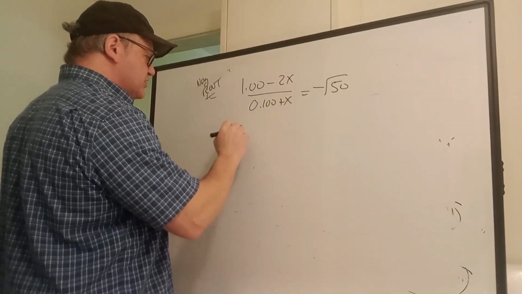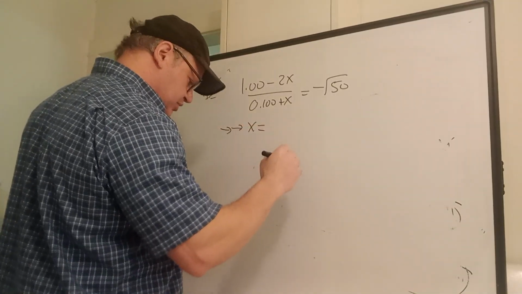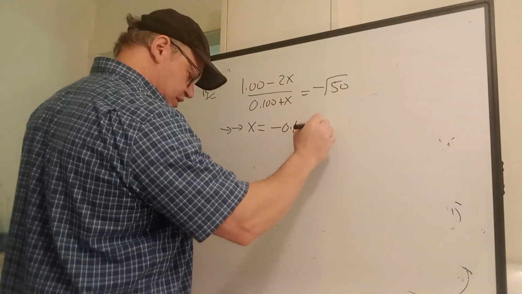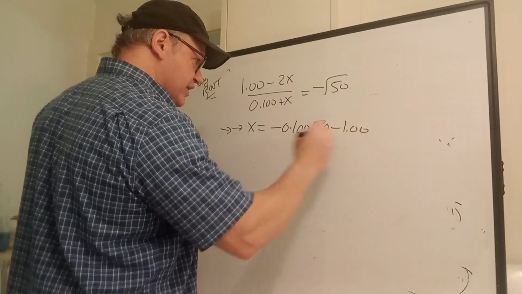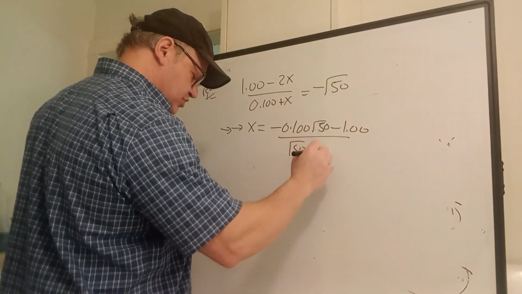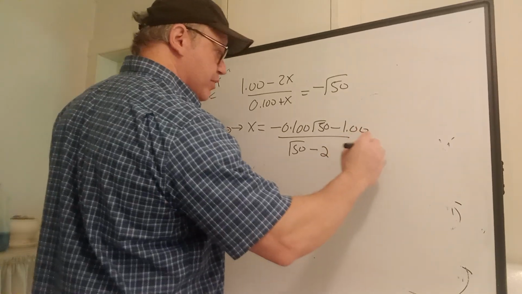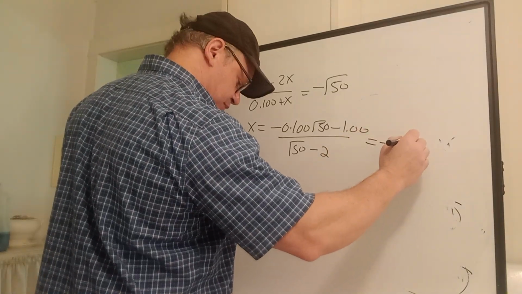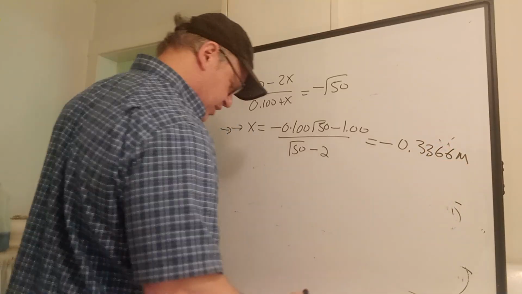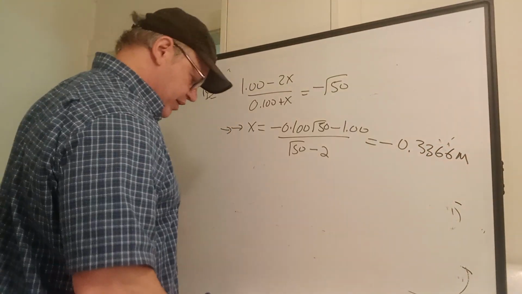And so do it out. You get to the step where you have x is equal to negative 0.100 square root of 50 minus 2, and this is going to be a negative number, negative 0.3366. I'll keep some extra sig figs on here. That's the molarity. Think about it.